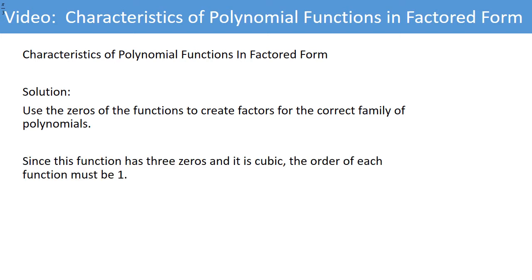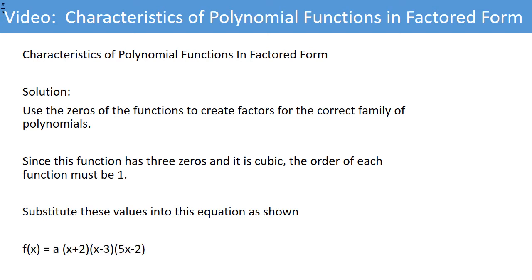Since this function has 3 zeros and is cubic, the order of each zero must be 1. Substitute these values into this equation as shown. So f of x is equal to a times x plus 2, x minus 3, and 5x minus 2. We get these values, of course, from the zeros.